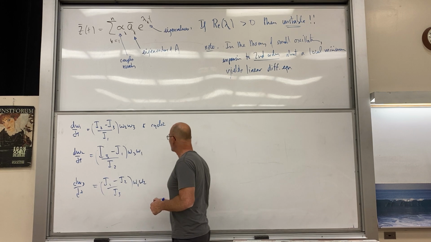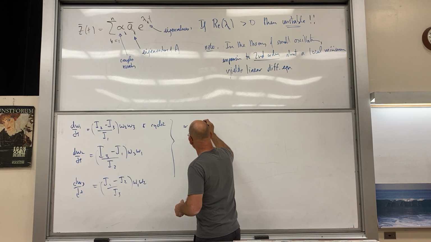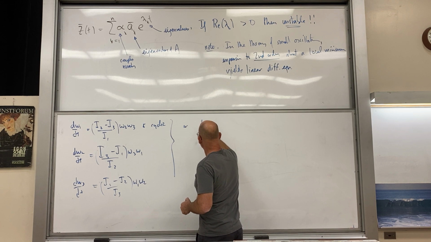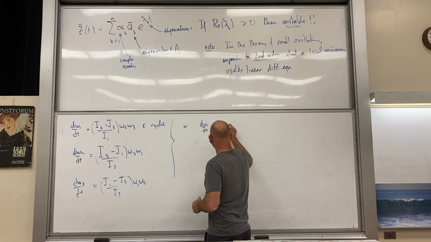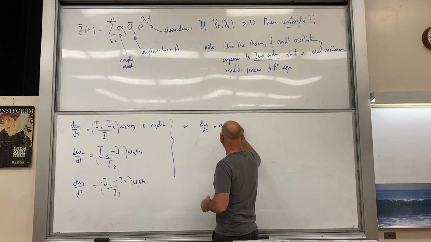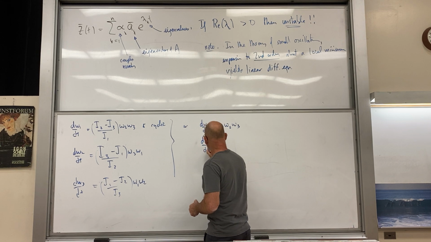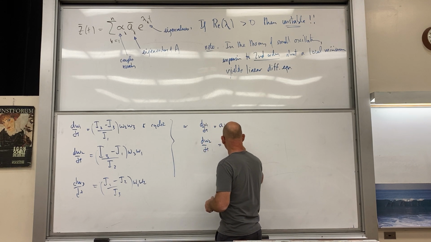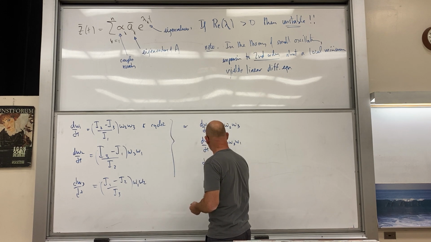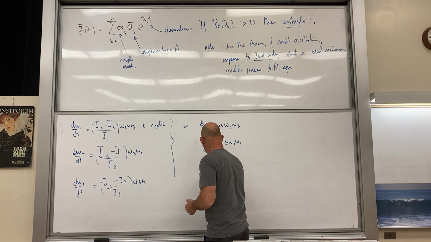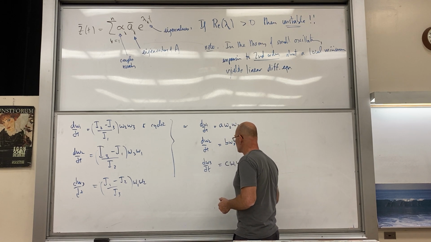Well, we're going to simplify this. d omega 1 dt is equal to a omega 2 omega 3, d omega 2 dt is b omega 3 omega 1, and c. Okay, so the definitions are there. c omega 1 omega 2.